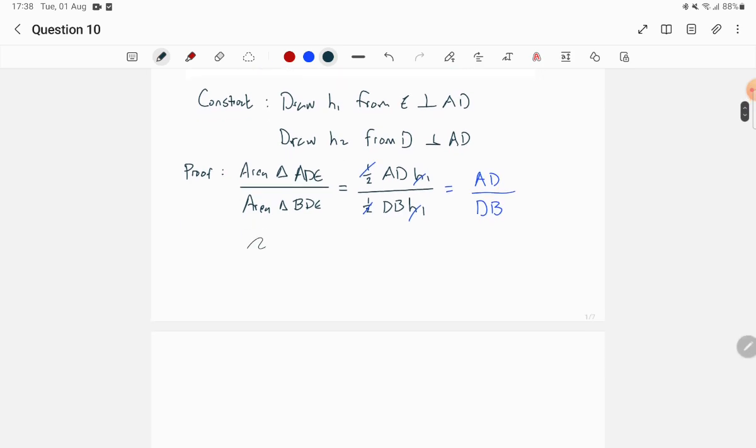Then we need to go ahead and do the exact same calculation for triangle ADE and DEC. So again, area of triangle ADE. The only difference is this is from the other perspective, so our perpendicular height in this instance will be H2.